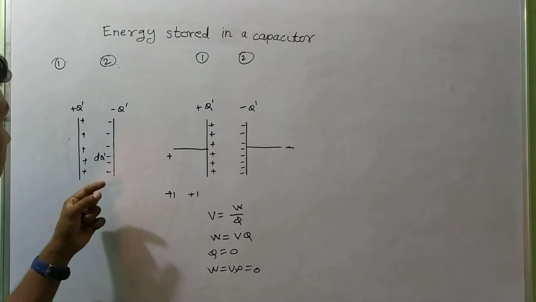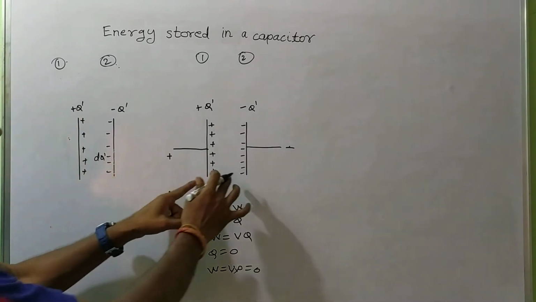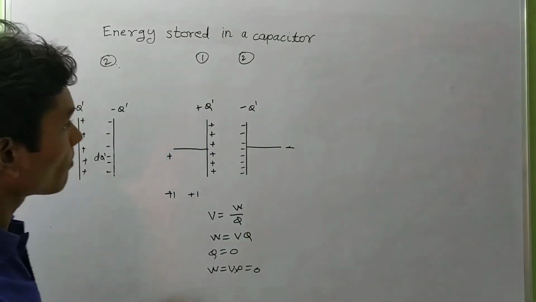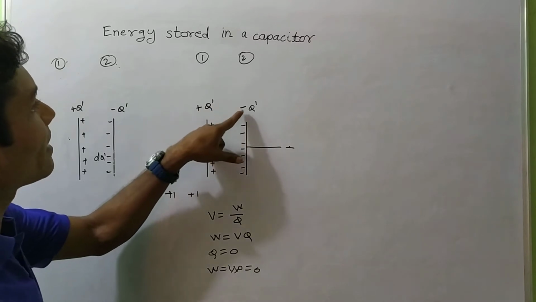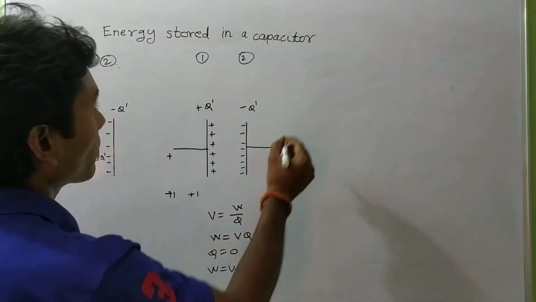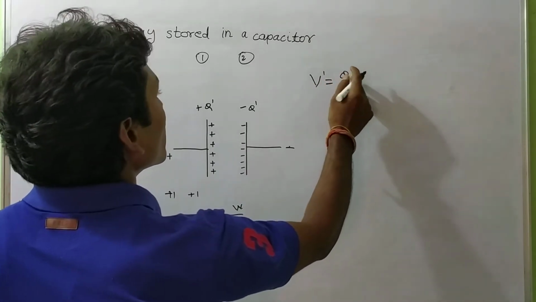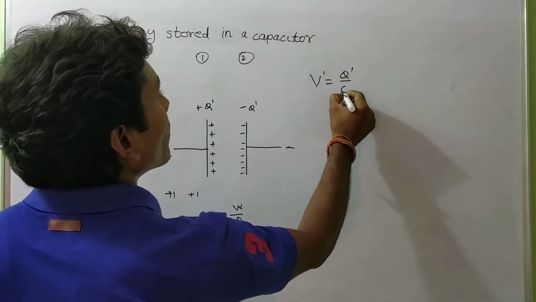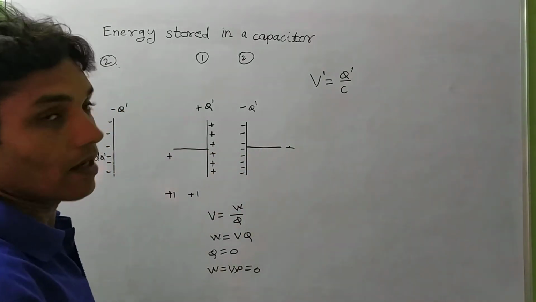Now we have to calculate this. Initially, the potential between the two plates when charges are plus Q dash and minus Q dash will be V dash equal to Q dash upon C, where C is the capacitance of the capacitor.